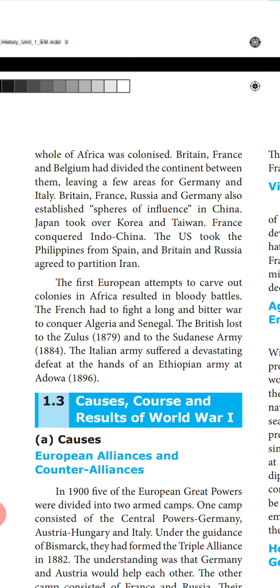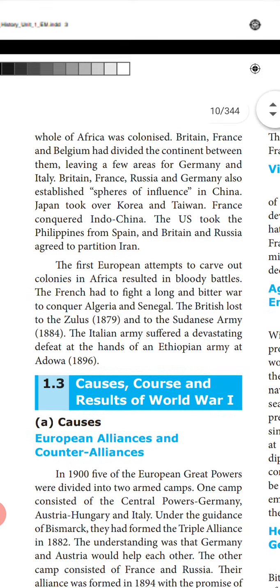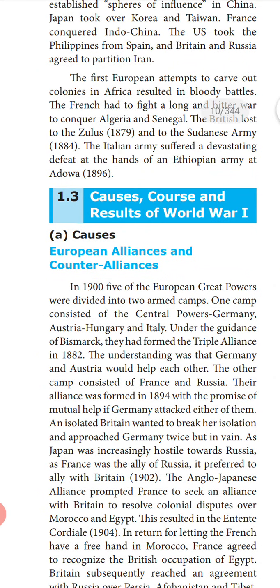Okay, children. Now let us know about the causes and results of the First World War. In the 1900s, the European great powers were sharply divided into two armed camps. One camp consisted of the Central Powers, Germany, Austria-Hungary and Italy.